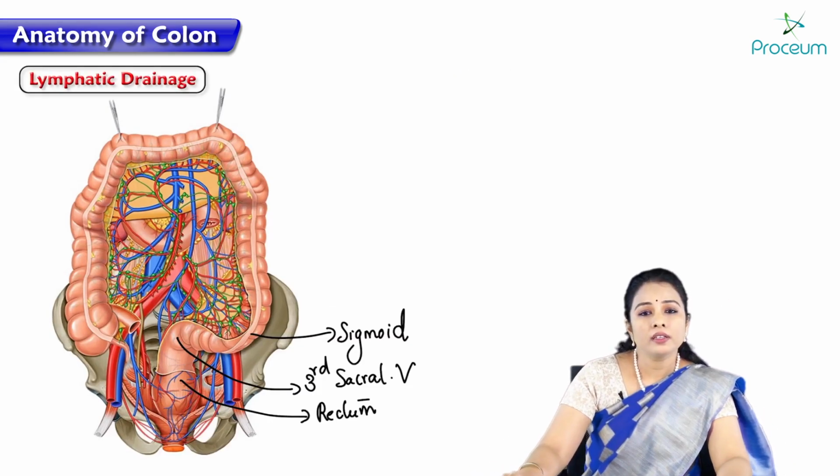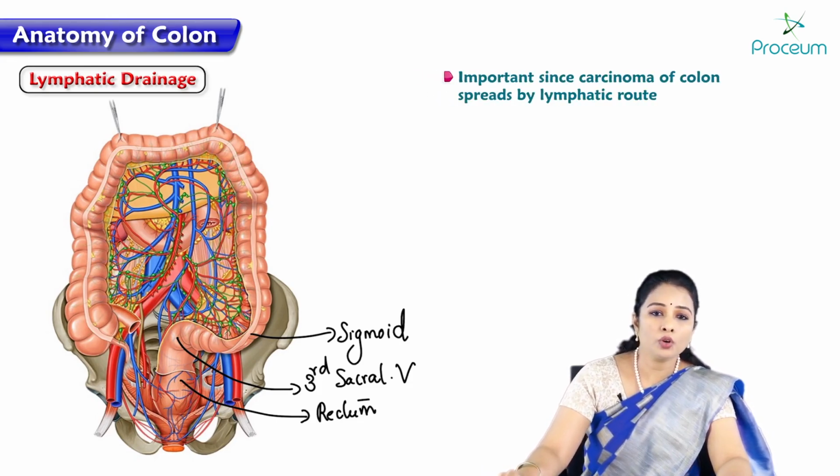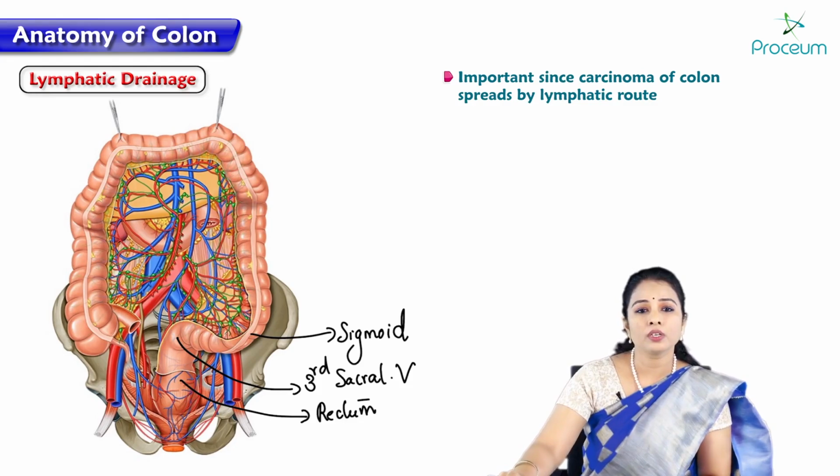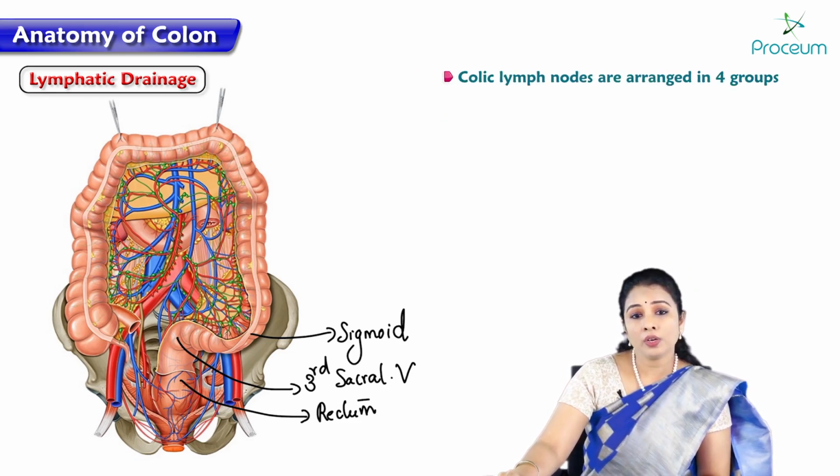Lymphatic drainage. The lymphatic drainage of the colon is important since carcinoma of the colon spreads by the lymphatic route. There are numerous colic lymph nodes collecting the lymph from the colon, arranged in 4 groups.